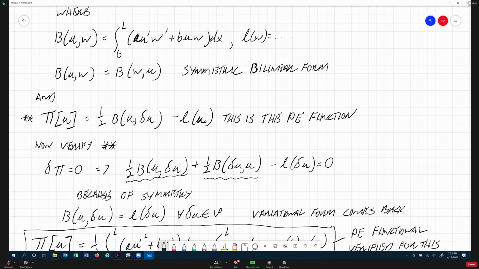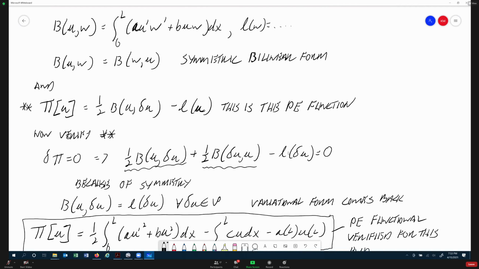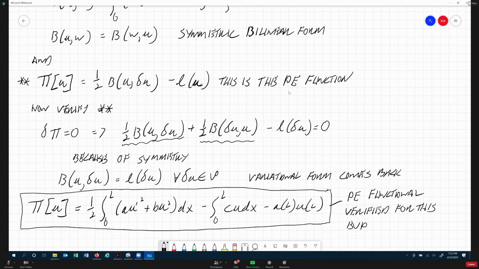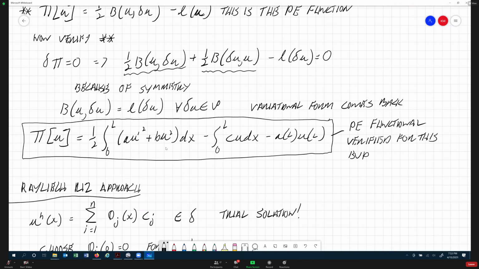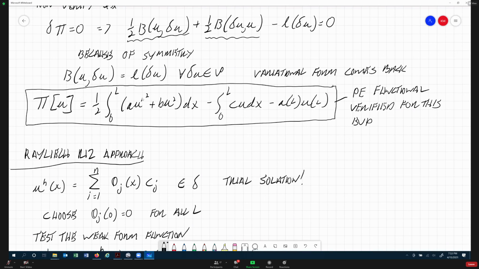We simplify our problem, keep plugging away at it, and we end up with this potential energy. Essentially it's a spring, right? It has potential energy in it, and now, how do we break this up? How do we solve it?